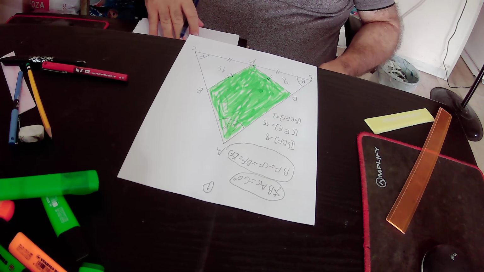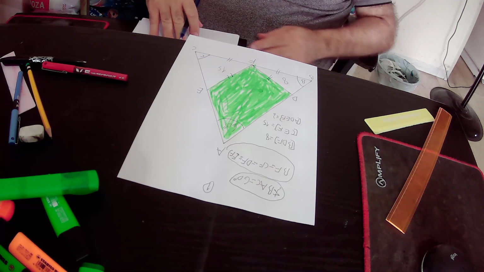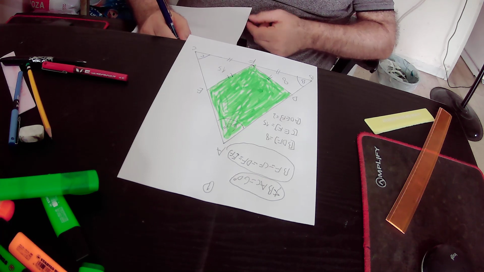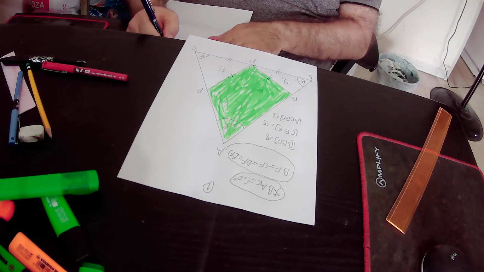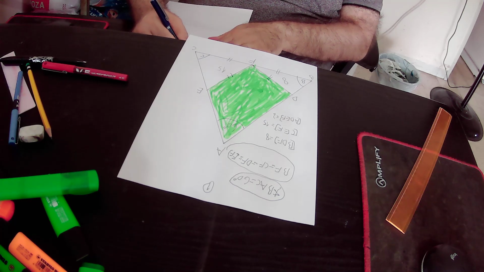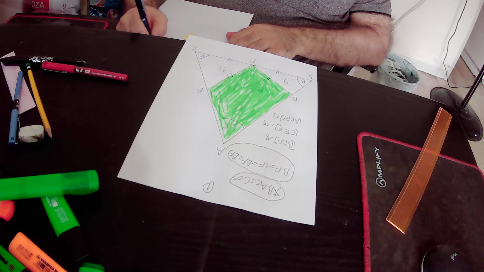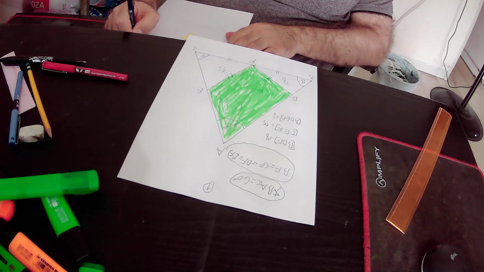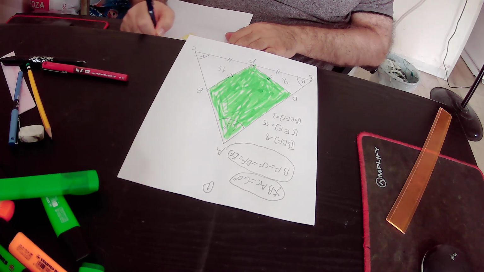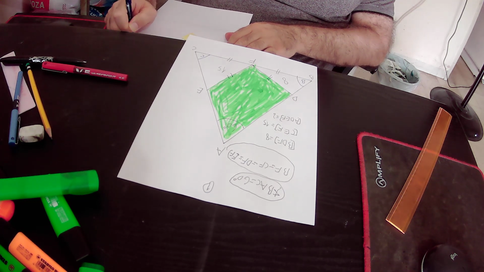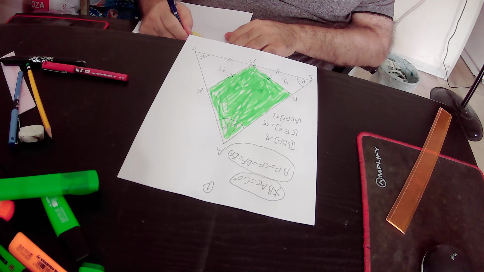Then we also have rule number 2. Rule number 2 states that in front of equal sides in a triangle there are equal angles.